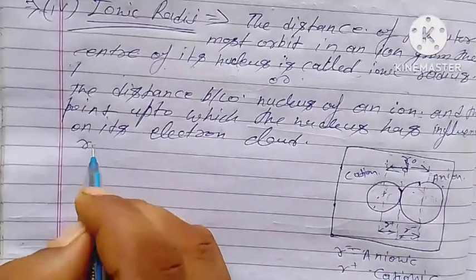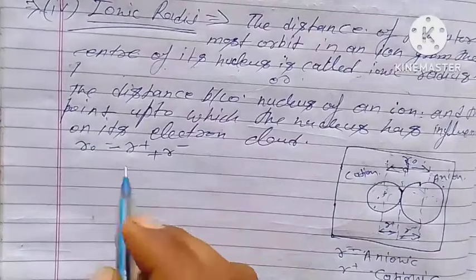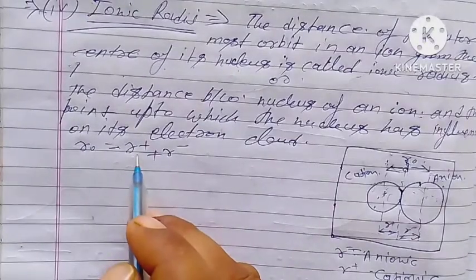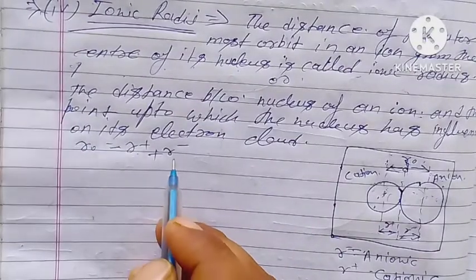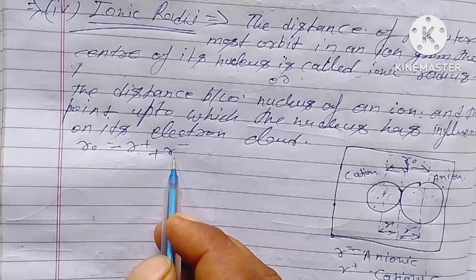Then R0 equals R plus plus R minus, that means R cation plus R anion.